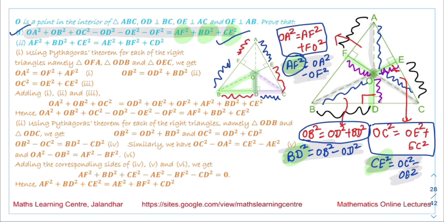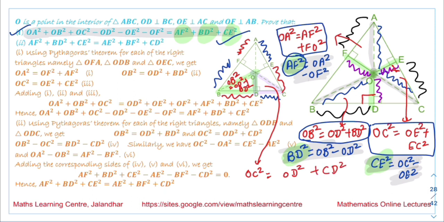For these two triangles, when we write the terms using Pythagoras theorem, what we get is that OB square is equal to OD square plus BD square. Similarly, for this triangle, OC square is equal to OD square plus CD square.